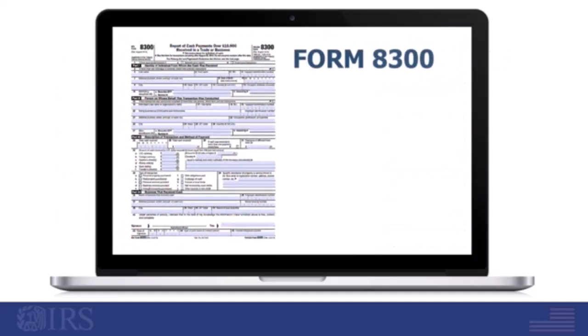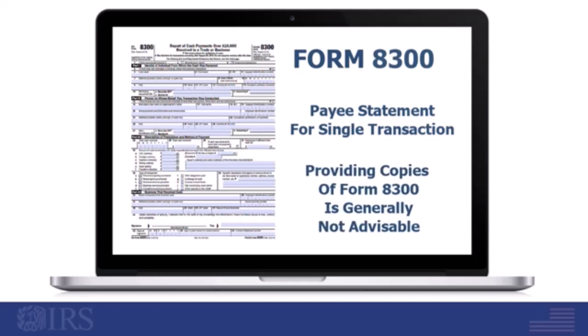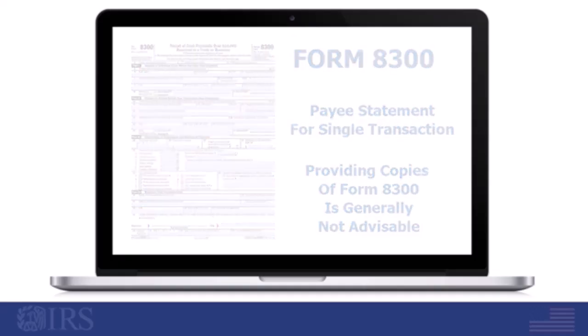Note, some filers use Form 8300 as the payee statement for a single transaction. Providing a copy of Form 8300 to the named person, although not prohibited, is not advisable due to the sensitive information contained on the form.